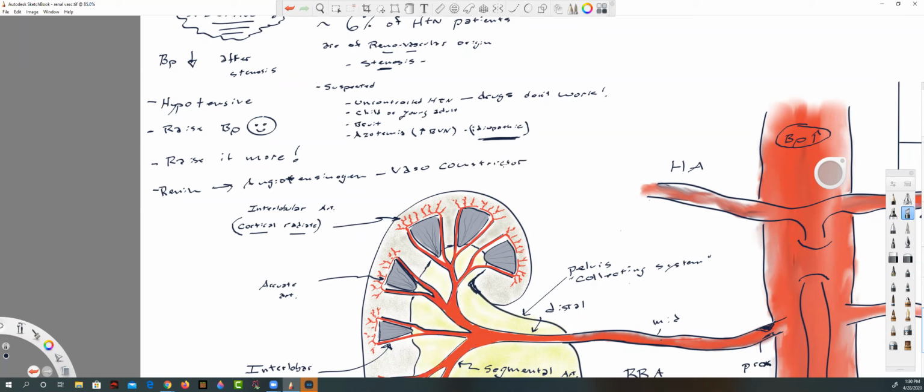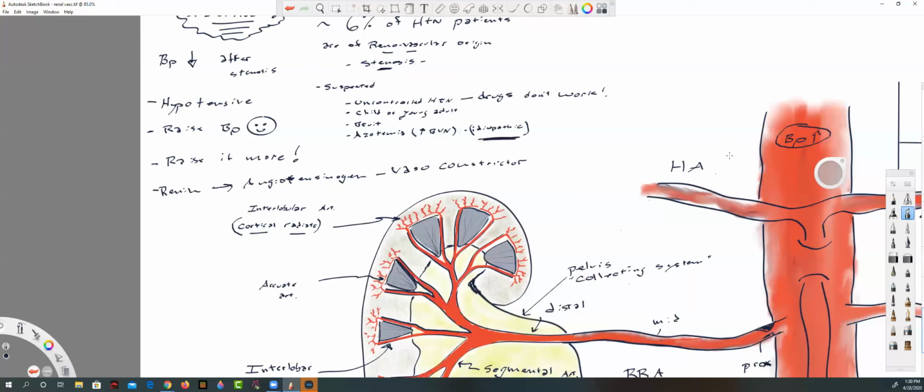Yes, a vasoconstrictor. So this is what the kidney's doing. It's releasing renin. It's acting on another hormone called angiotensinogen. It's actually mostly in the lungs, but that doesn't matter. I have no idea why it's in the lungs. And that is a vasoconstrictor.